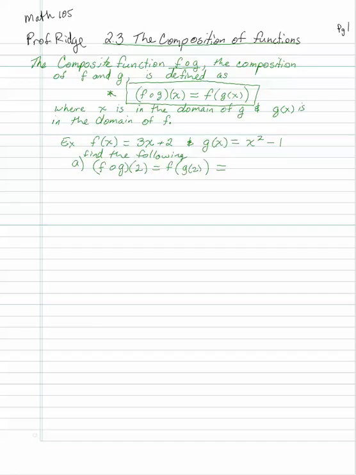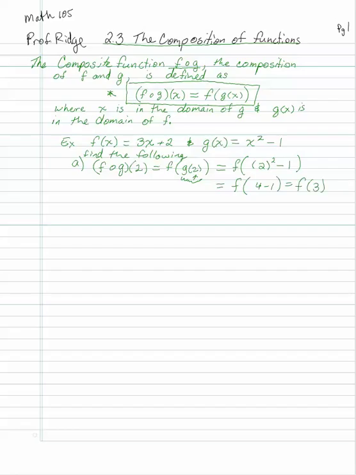The way to think of it is, you're going to plug 2 into g, so you have to do that first. So g is defined to be x squared minus 1. Notice how I left that blank there, because we're going to do g of 2, so it's going to be 2 squared minus 1. So we have 2 squared minus 1 is equal to 4 minus 1, which is equal to 3.